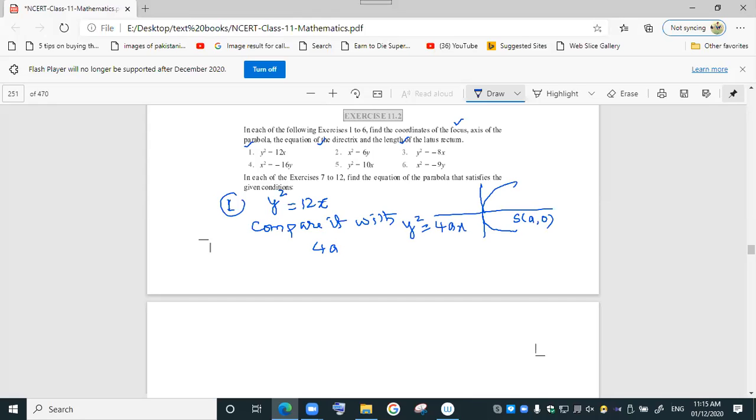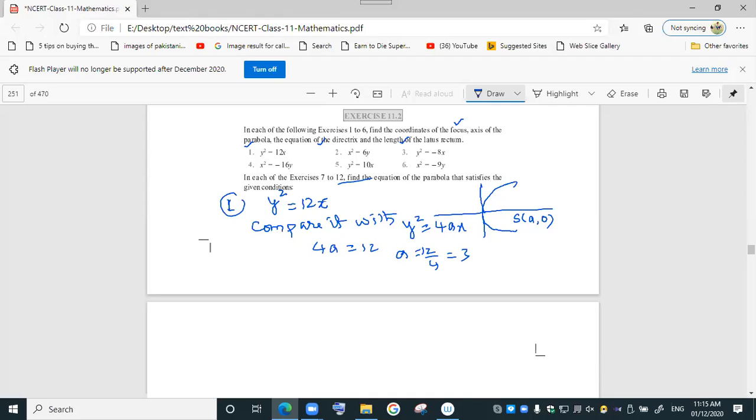If you compare, 4a is equal to 12, a is equal to 12 divided by 4, 4 threes are 12. So a is 3. So as you got a, only a is unknown here in this equation. If you get a, you can find everything related to this parabola.